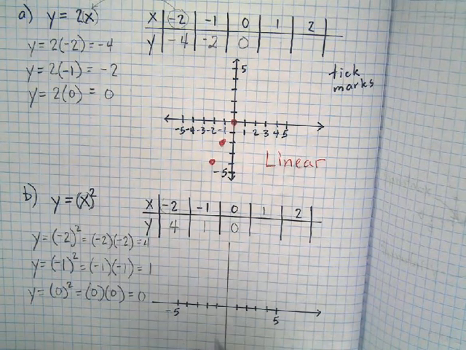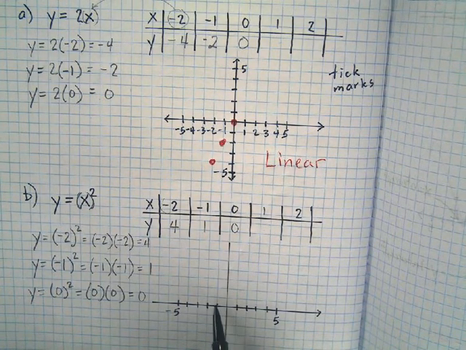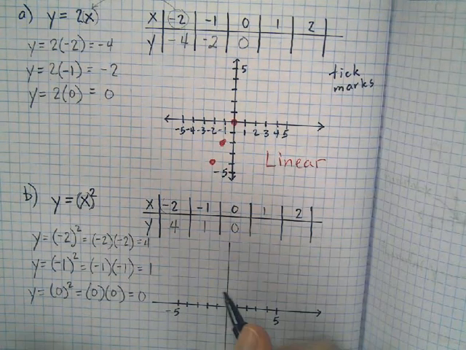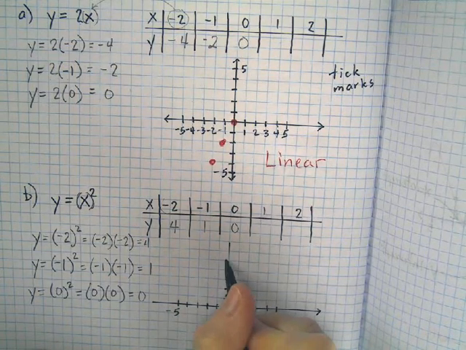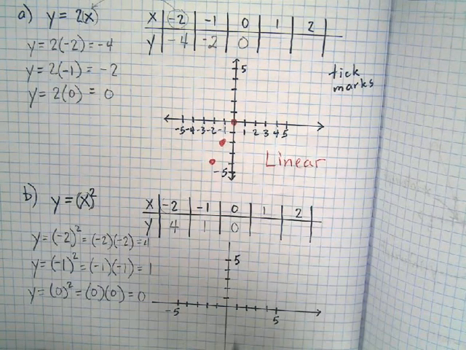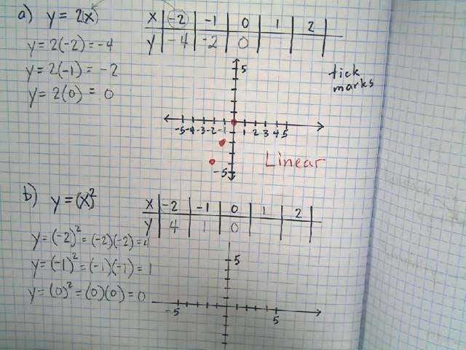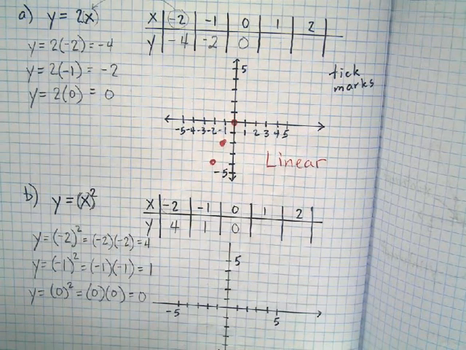Okay, cada línea azul necesita pone un tick mark. Tick mark. Okay, and up. 1, 2, 3, 4, 5. And down. 1, 2, 3, 4, 5. -5. All right, let's plot the points.